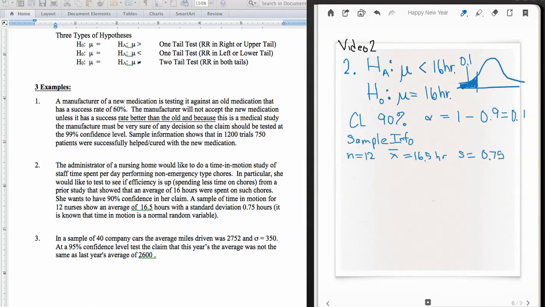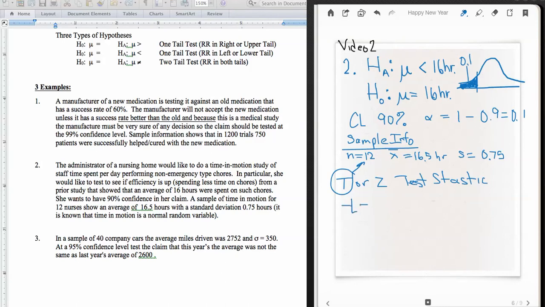So how am I going to get my test statistic? Well, my test statistic for averages is going to be either a t or a z. But which is it? This one is a t because n is less than 30. So my test statistic is a t, and I'm going to find it by taking the sample mean.